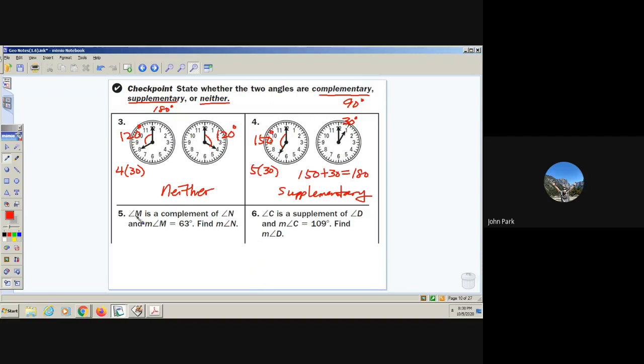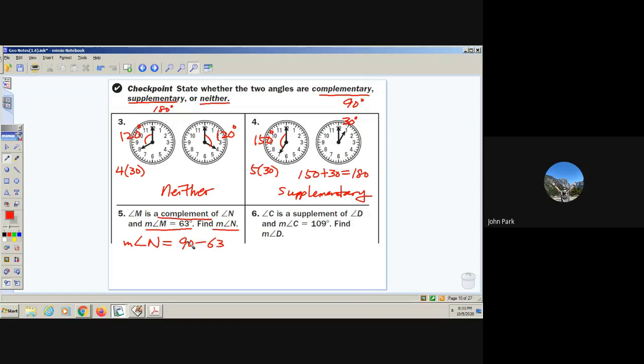Number 5, we're finding the complement, because it says M and N are complements. We know the measurement of angle M is 63 degrees. So the measurement of angle N is going to be 90 minus 63, because complement adds up to 90.